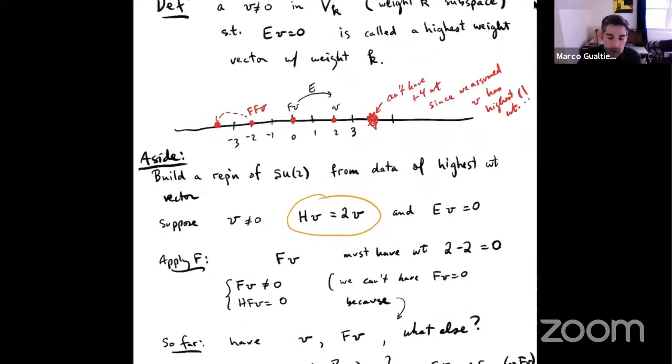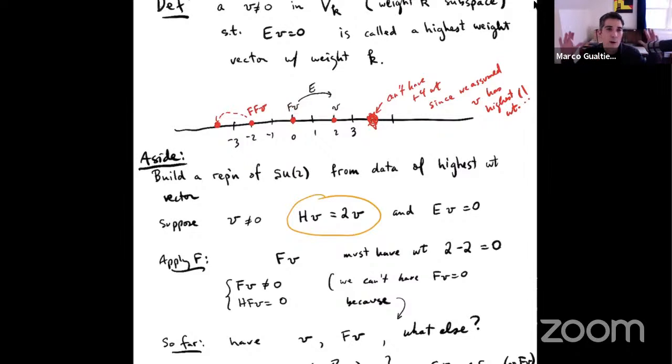So there you go. You've produced an extra one-dimensional piece of your representation. You applied F, because a representation should be closed under the action of all these matrices, right? Every time you act by the matrix, you should get something that's in the vector space. We applied F, and we got something non-zero, which is of a different weight.